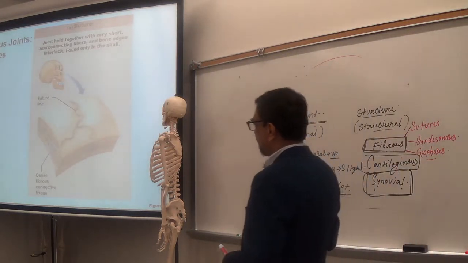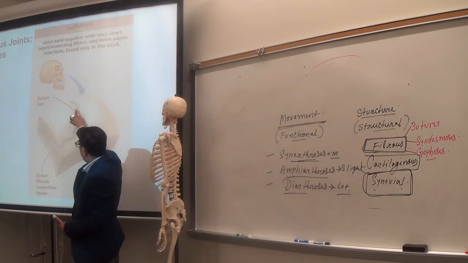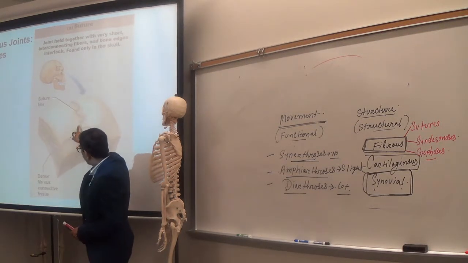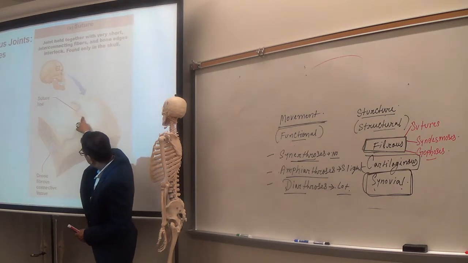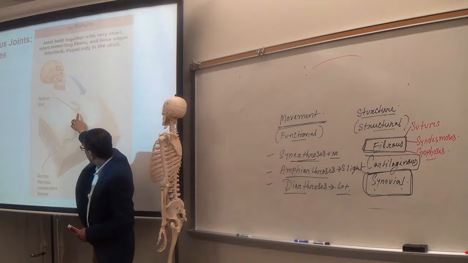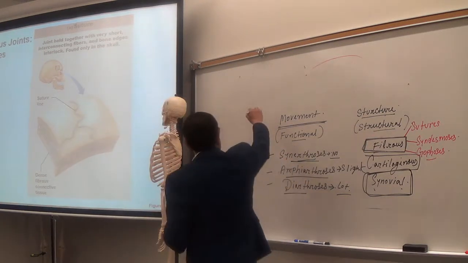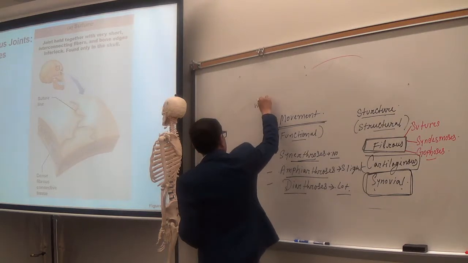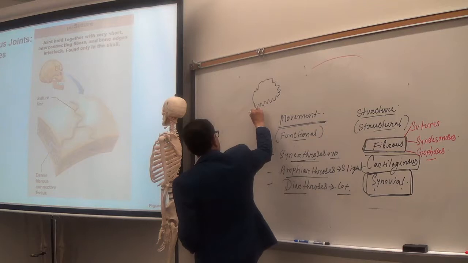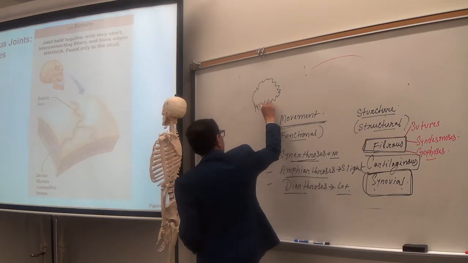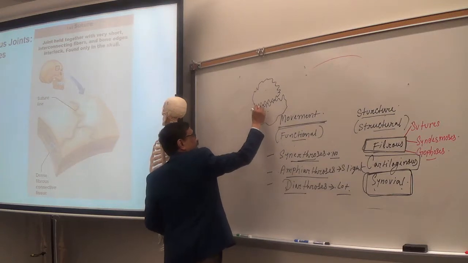Let's see the sutures first. So you see the cranial bones are attached to each other by sutures. Now if you see the structure of a sutural joint under the microscope, this is one cranial bone, this is another cranial bone. So two cranial bones are connected by sutures.